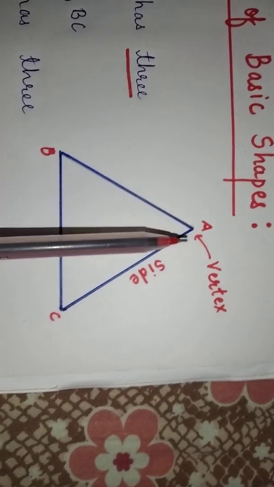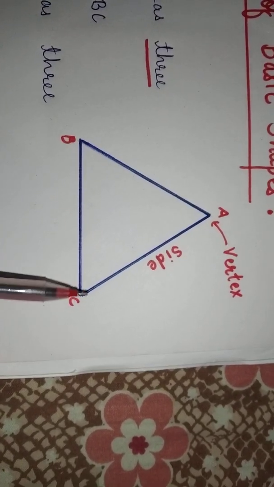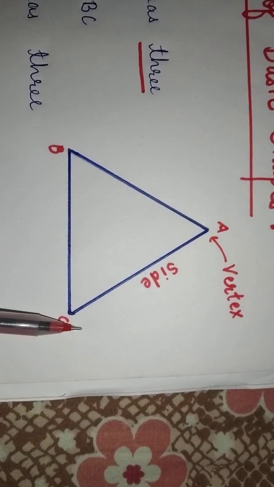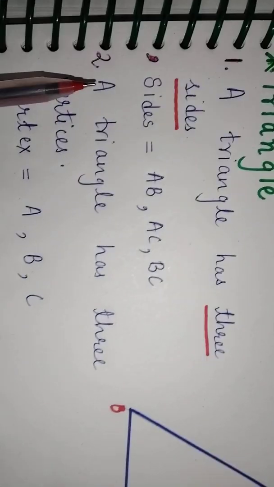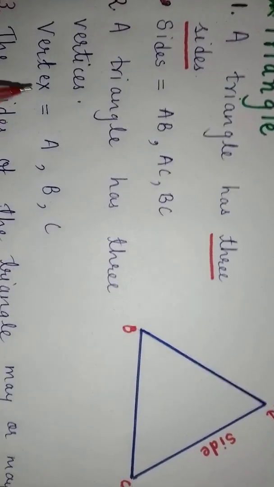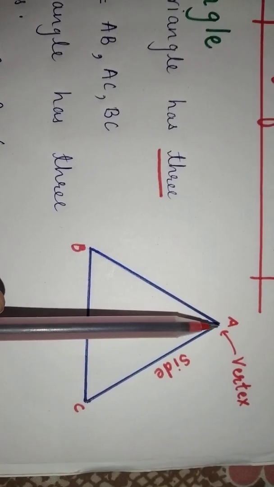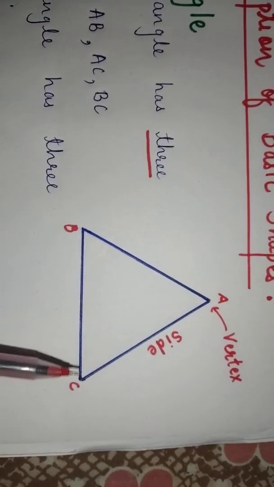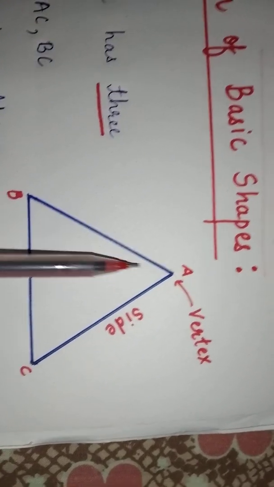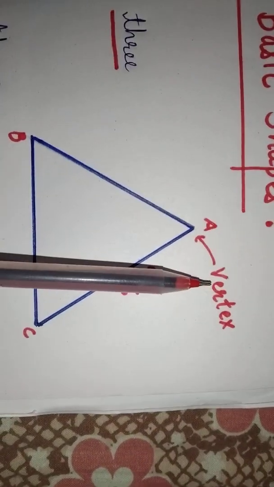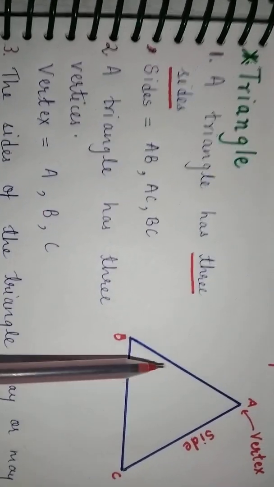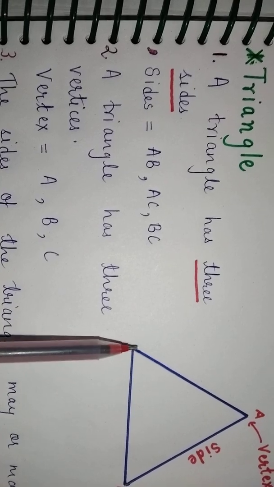So how many vertices does a triangle have? It has three vertices. So here in this triangle, the vertices are vertex A, vertex B, and vertex C. So you need to learn this. The meeting point of two sides, the V-like structure, is a vertex.